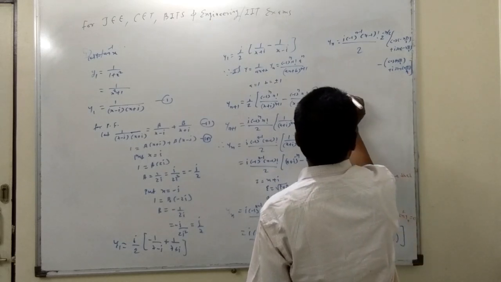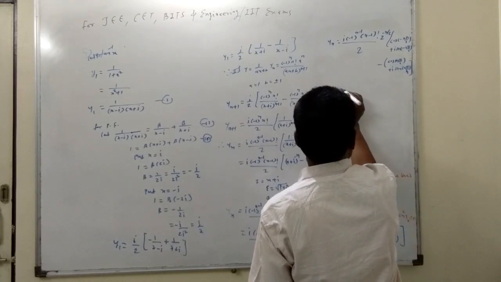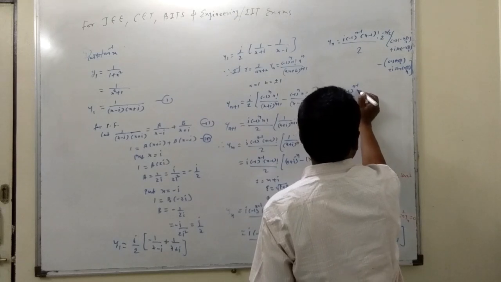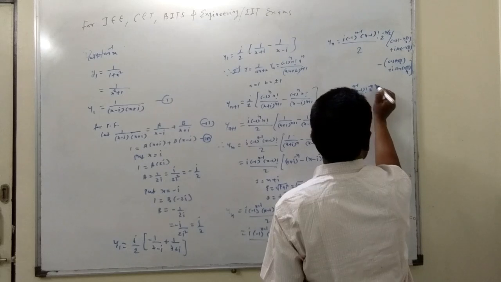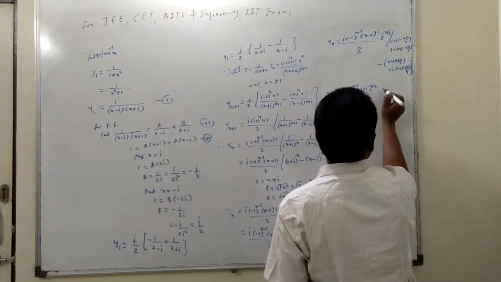So yn is equal to, we get i minus 1 raised to n minus 1 factorial 2 raised to minus n by 2 divided by 2.